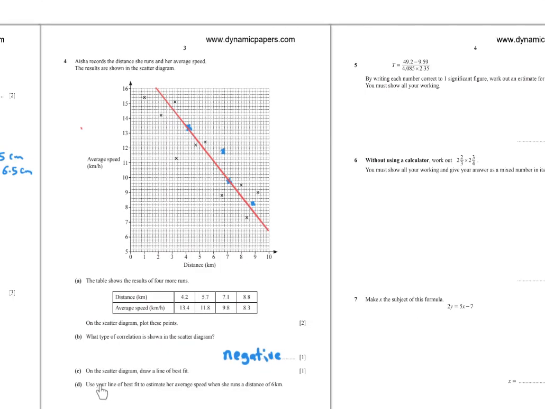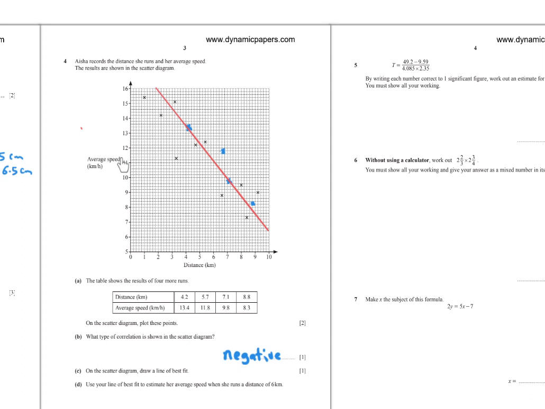Now D, use your line of best fit to estimate her average speed when she runs a distance of 6 kilometers. So start from 6 kilometers, draw a vertical line till you reach the line of best fit, then find the corresponding value on the y-axis, which is 11.